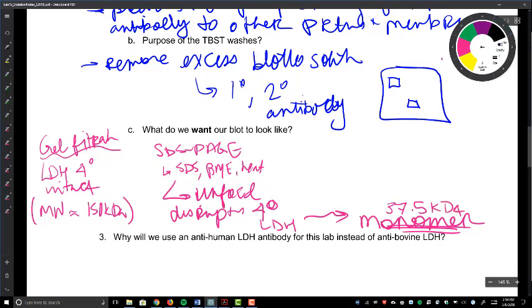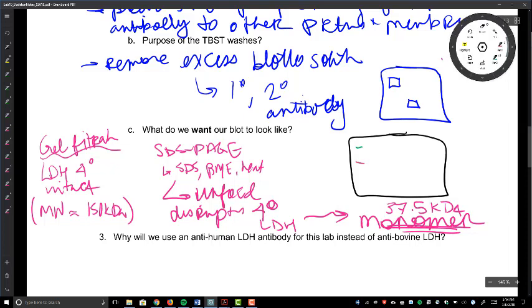So what this would look like is if we had our Western blot, the ladder is going to show up with those different colored proteins, because the proteins in the ladder are chemically conjugated to dye molecules.